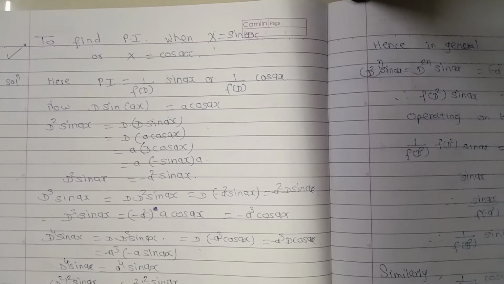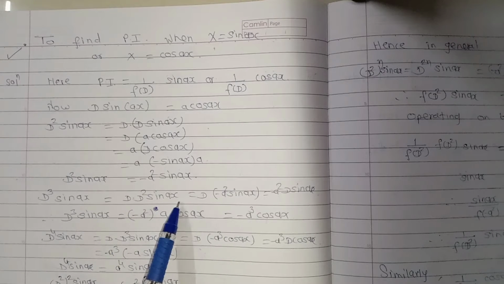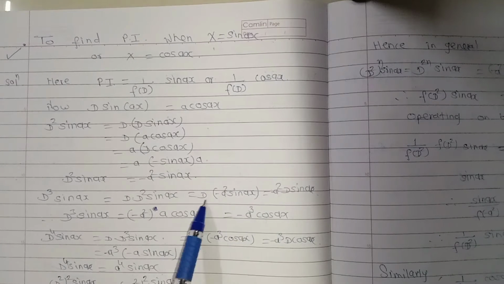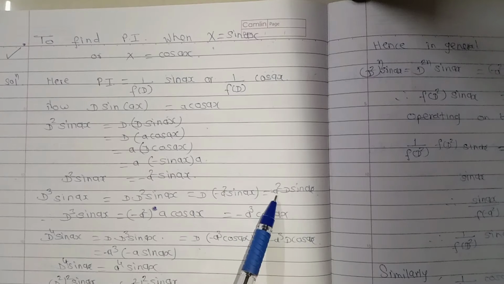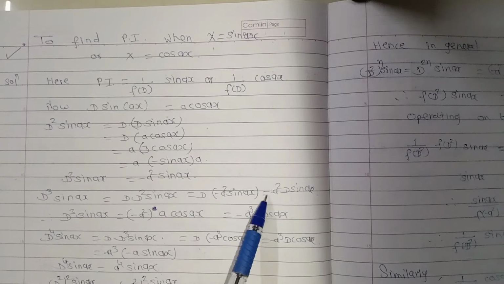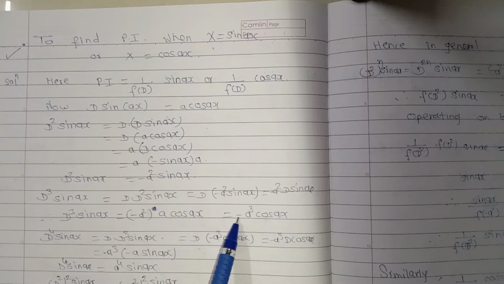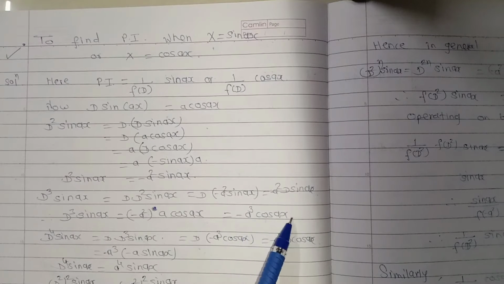So we get D squared of sin(ax) equals minus a squared sin(ax). Again we proceed further: D cubed of sin(ax) equals D into D squared of sin(ax), which is D into minus a squared sin(ax). Minus a squared is a constant, taken outside. D of sin(ax) is a cos(ax), so we get minus a cubed cos(ax).